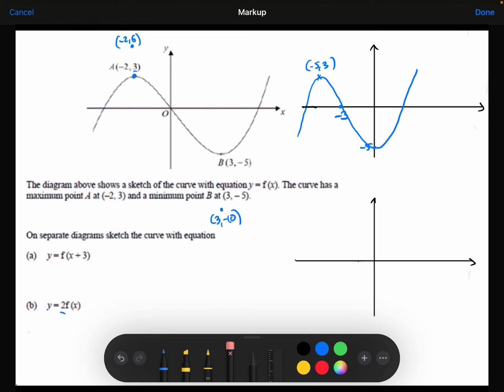Where this graph passes through the origin, or the x-axis even, here, here and here, the y coordinates are all 0 in those places. So multiplying the y coordinate 0 by 2 will still be 0. So our graph is going to look something like this.